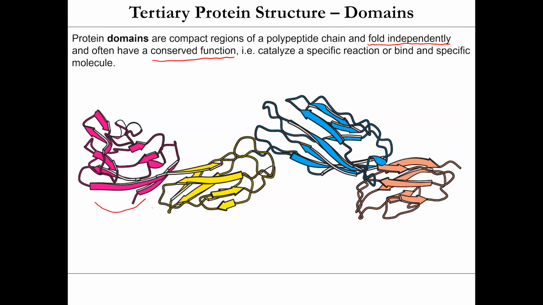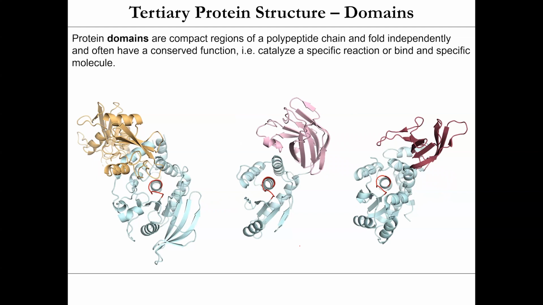It has four different domains that are similar in structure. They're made out of beta sheets, but they fold independently from one another, and they have a conserved function.